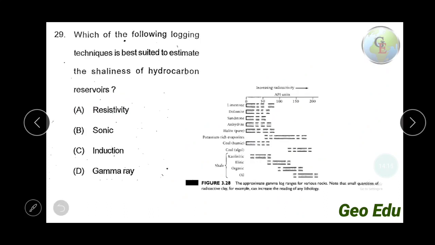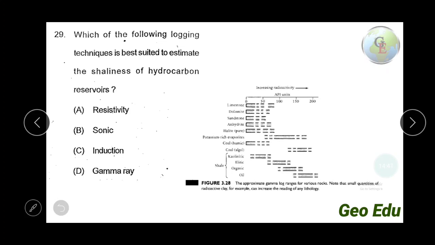Next question. Which of the following logging techniques is best suited to estimate the shaliness of hydrocarbon reservoirs? For shaliness, gamma ray logging is perfectly suited for the shaliness of hydrocarbon reservoir. First, what is logging? Logging is reservoir characterization.